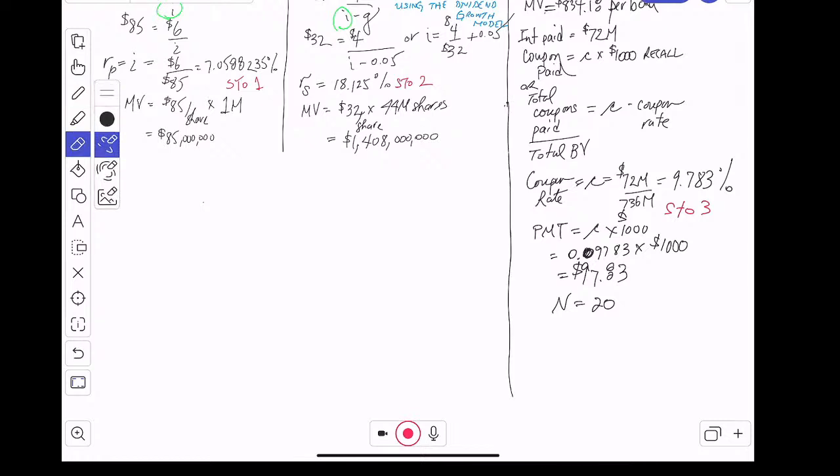So let's put the bond formula together. So this is just the regular bond formula for coupon bonds.